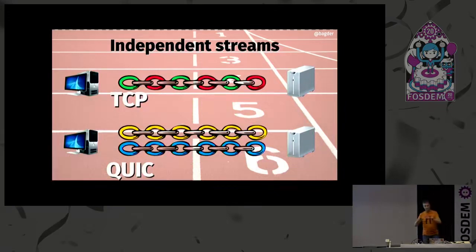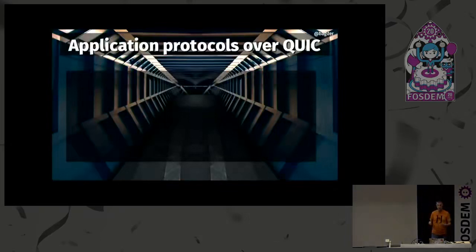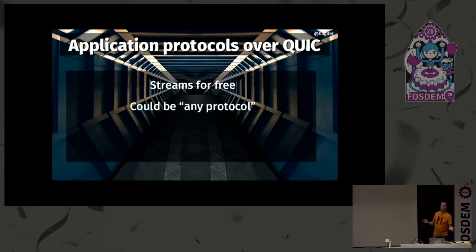So that's a transport protocol, QUIC. When we provide a transport protocol called QUIC, we put an application layer on top of that, and the application layer gets streams for free because they're in the transport layer. So it could virtually be any protocol.